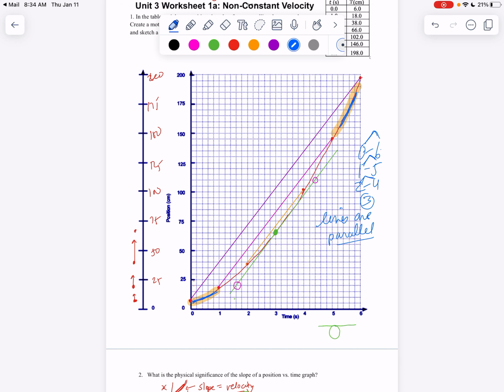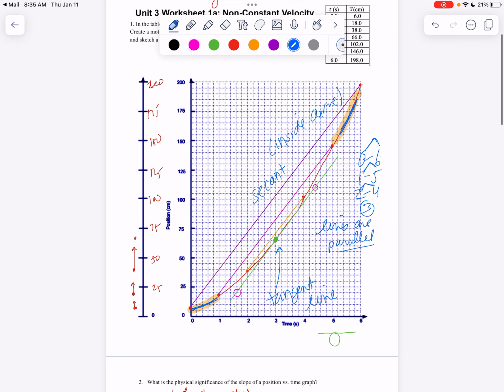So the slope of this, what we call the secant line, the one that connects inside the curve, okay? The slope of this secant line equals the slope of the tangent line at the middle time. All right, so what we're doing is trying to shrink that interval smaller and smaller.